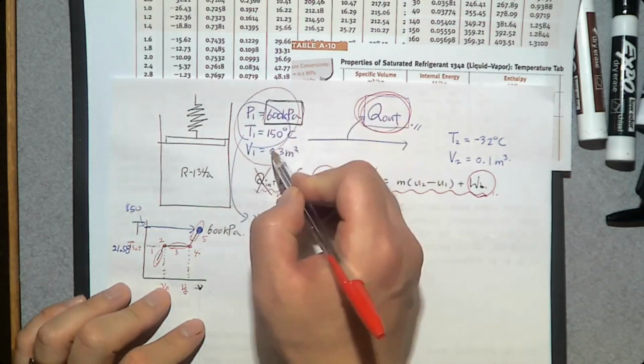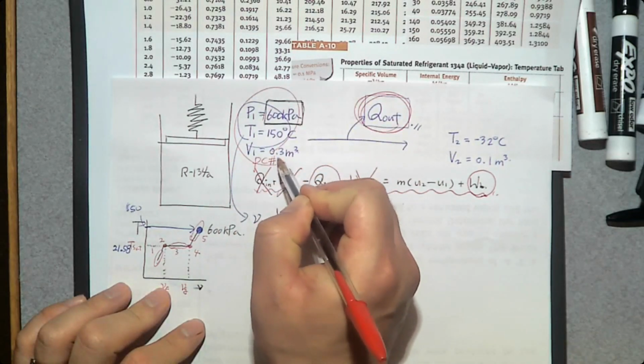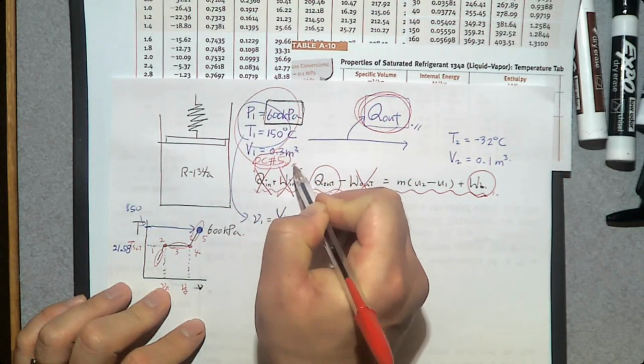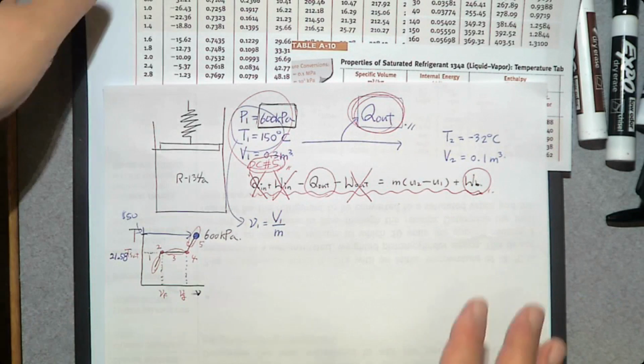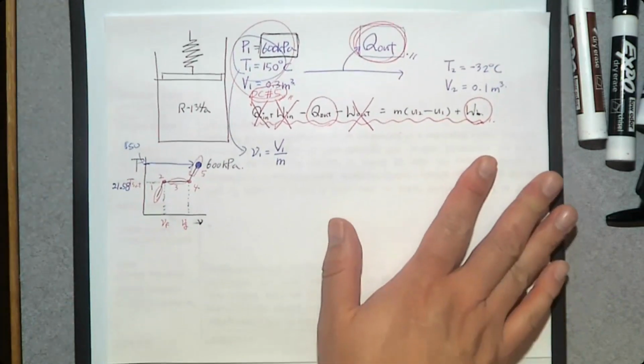So here we have phase change process number 5, superheated vapor. So if you know it is a superheated vapor, how do you evaluate its properties? By going to the superheated vapor table. Where is the superheated vapor table?